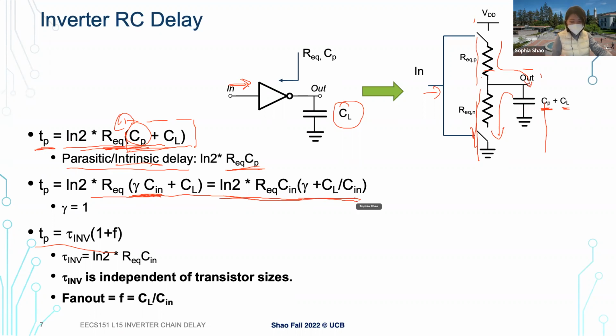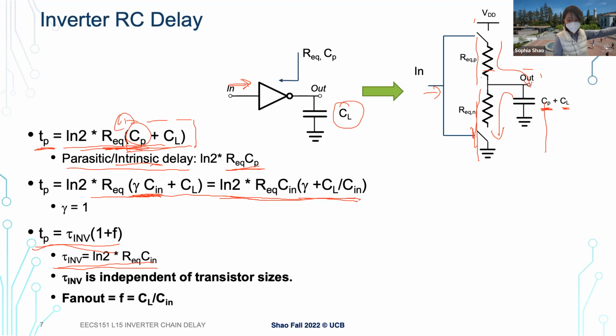By rewriting this, we get a much simpler expression for the delay. Instead of having all those vectors, we have this tau of inverter, the delay of the inverter, very similar to what we had earlier: the intrinsic or parasitic delay of the inverter. This is a constant that we use for our inverters, and it is independent of the transistor size.